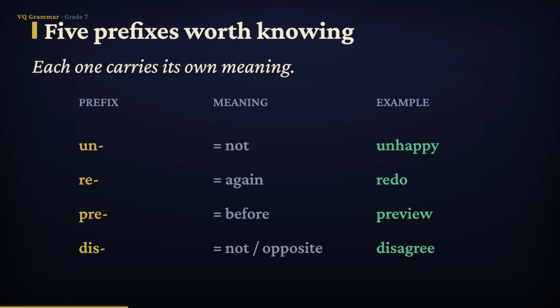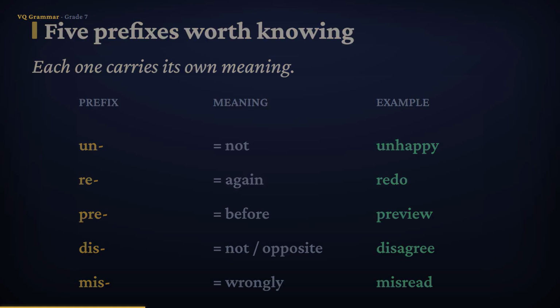Dis means not, or the opposite, so disagree means to not agree. And mis means wrongly, so if you misread a word, you read it the wrong way. See how the meaning of the prefix simply pours into the base word each time?